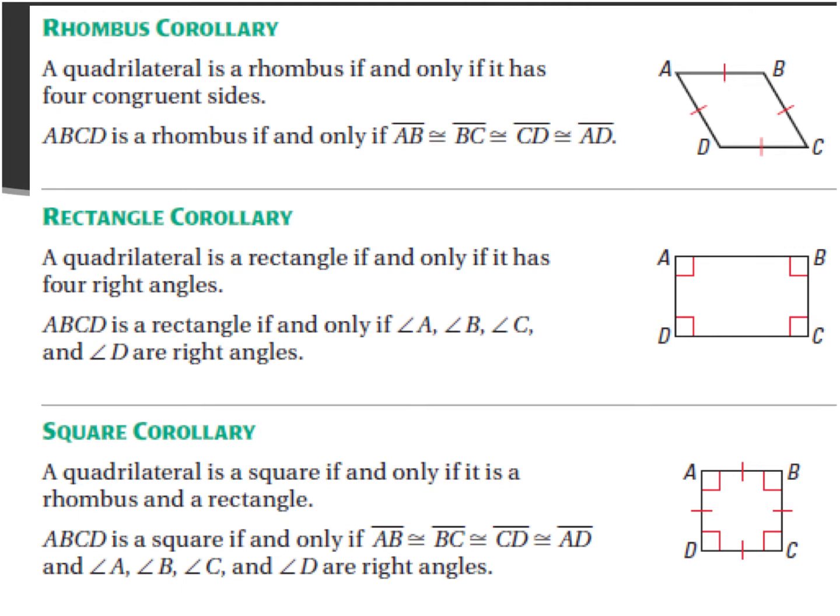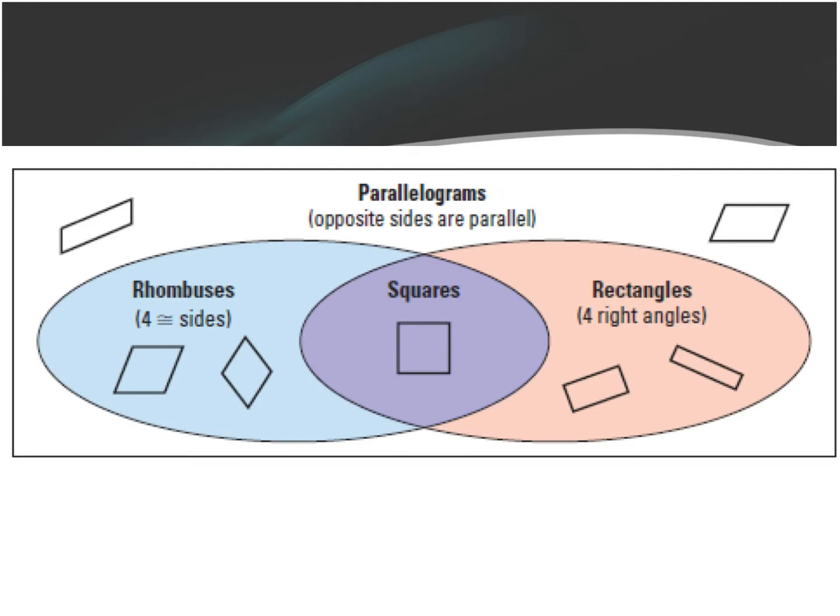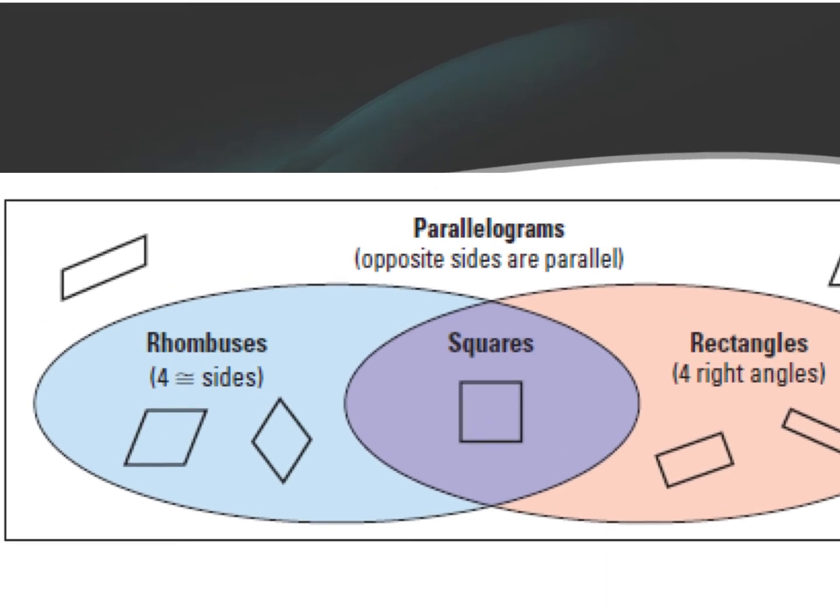Now, the next slide. So I learned in section 7.1 all these properties of the parallelogram. So I learned first that opposite sides are congruent. I also learned that opposite angles are congruent. I also learned that my consecutive angles are supplementary.